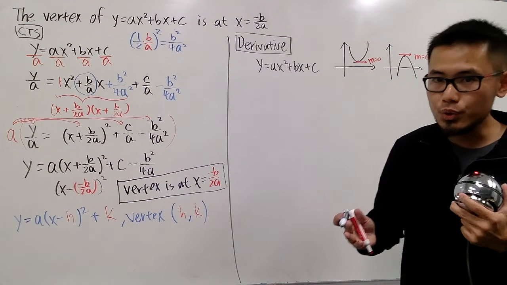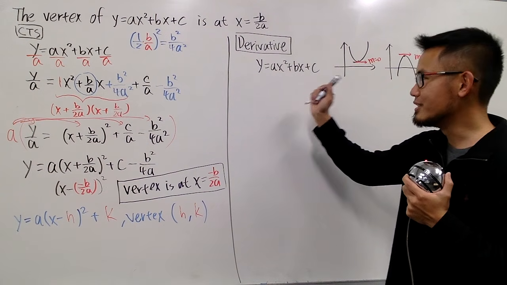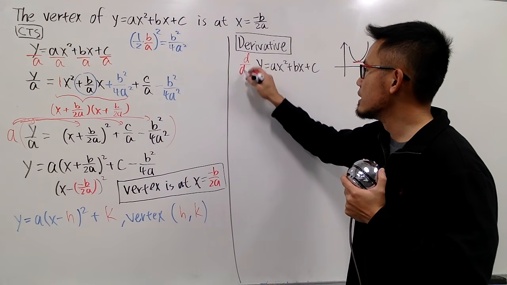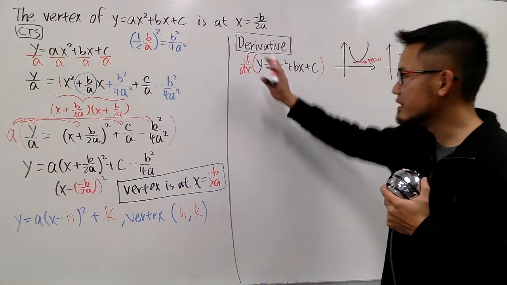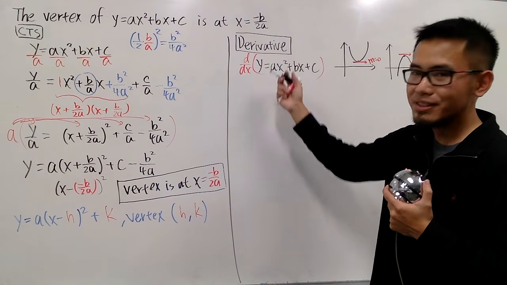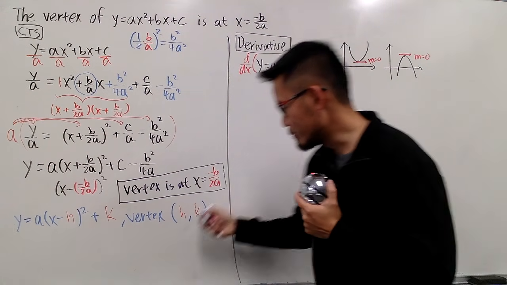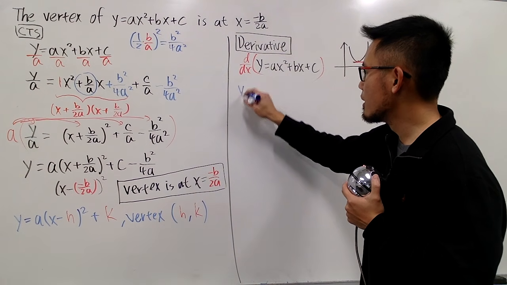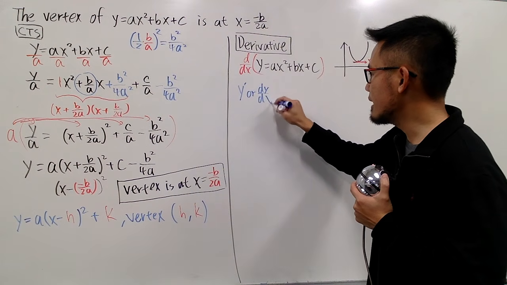So what we want to do is what we call differentiation of this equation. The notation is the following. We can put down d dx to mean that we are going to differentiate this equation. On the left-hand side, you have a few ways to write this down. You can write the result as y prime or dy dx.